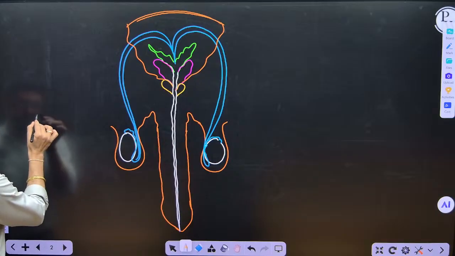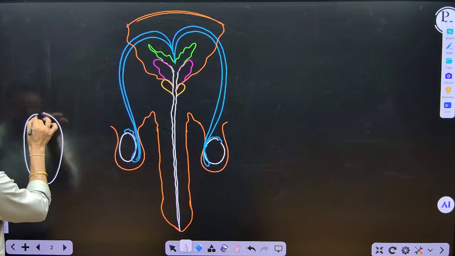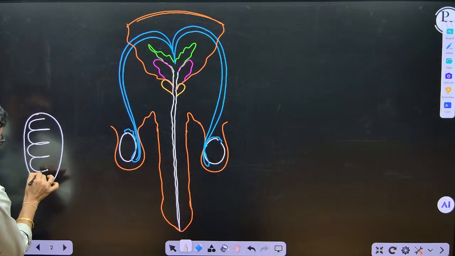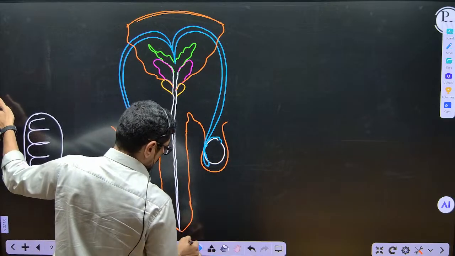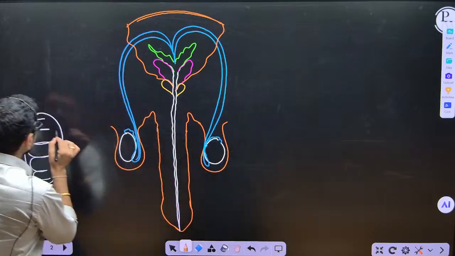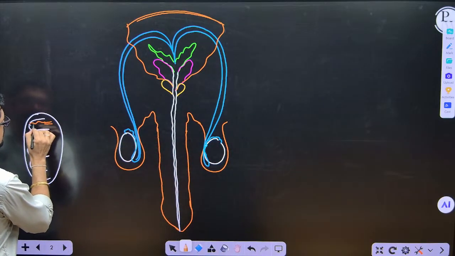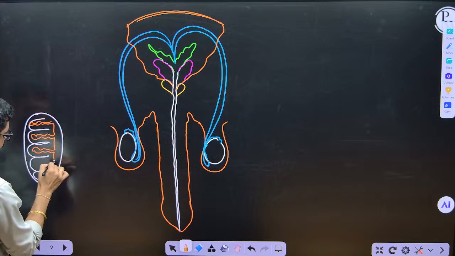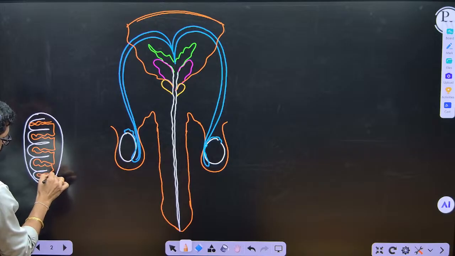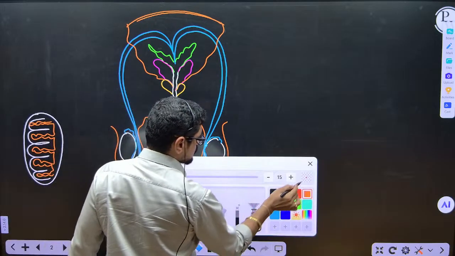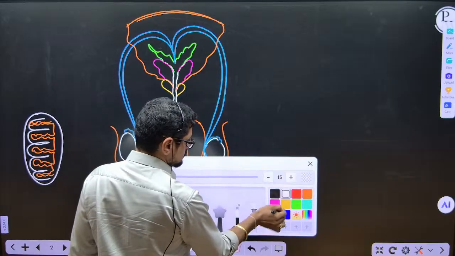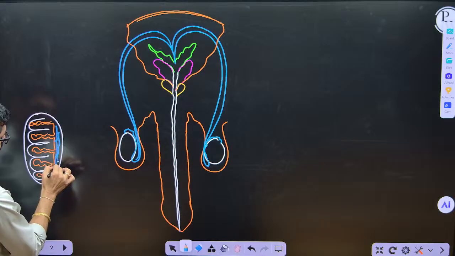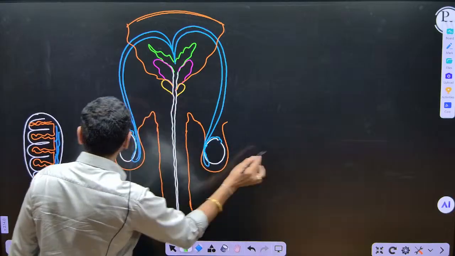Once again, see here, imagine this as the testis, and inside the testis, these are the testicular lobules. And inside the testicular lobules, these are seminiferous tubules. All the seminiferous tubules open into the rete testis. This is rete testis, right? And the rete testis opens into vasa efferentia.